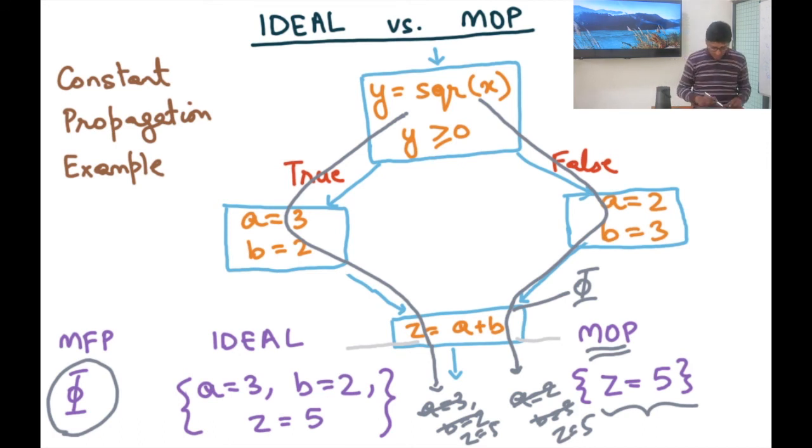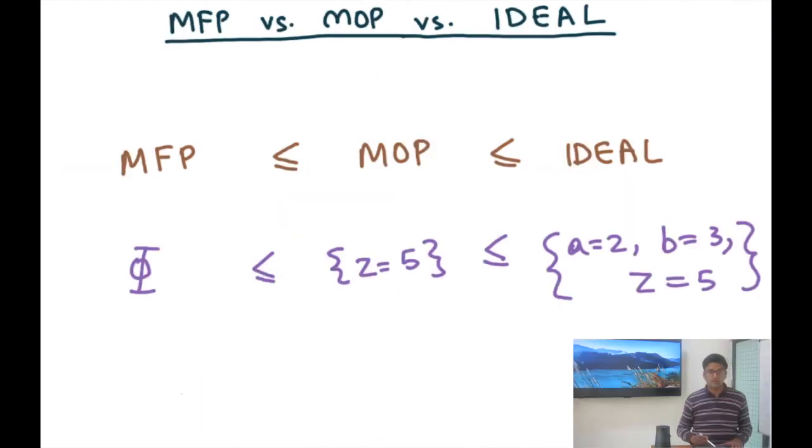Now in this particular example, the MFP is not equal to the MOP solution. What we actually see is MFP is not equal to MOP and MOP is not equal to ideal. In fact, we can show that MFP is always less than or equal to MOP, and MOP is always less than or equal to ideal, where less than or equal to is based on the semi-lattice partial order operator.